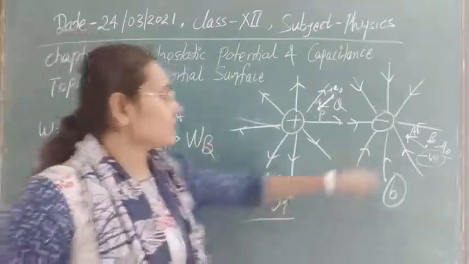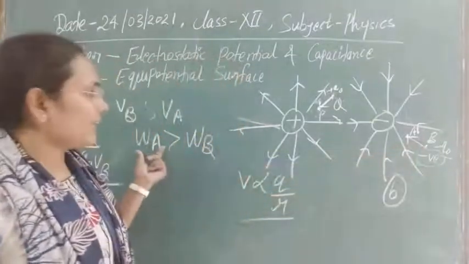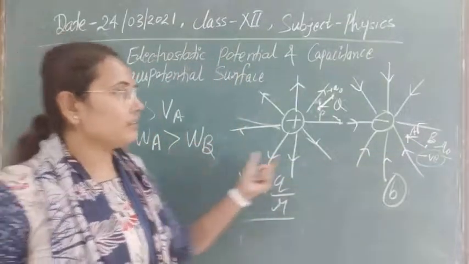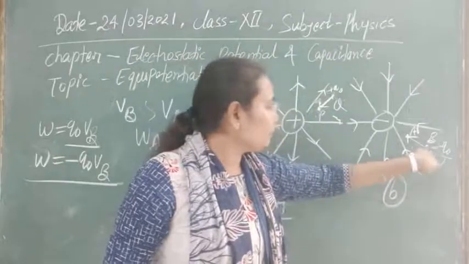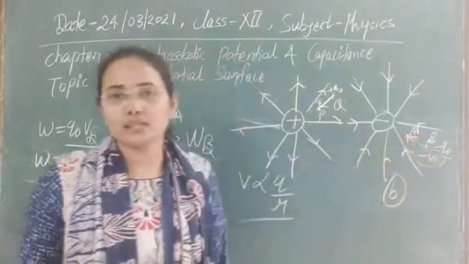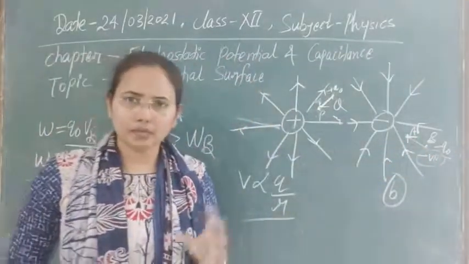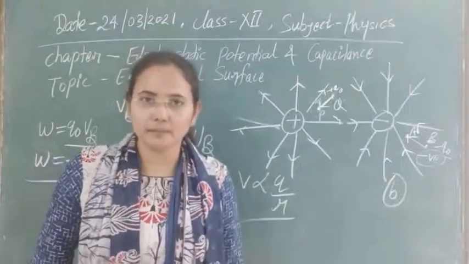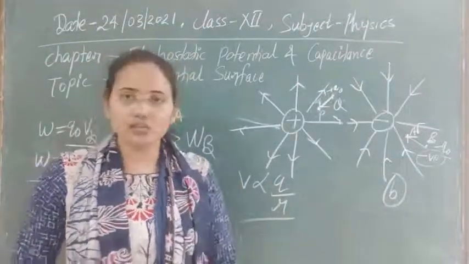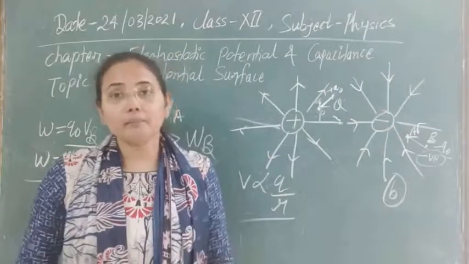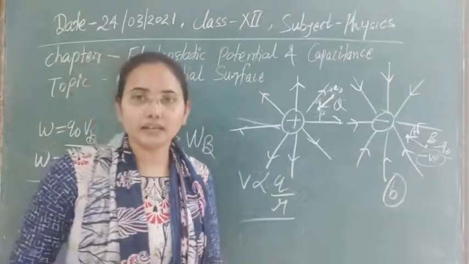As the work done at point A is greater, it means that on moving any negative charge from B to A, the field has to do some work. As the field has to do some work, the work done by the field will be negative.